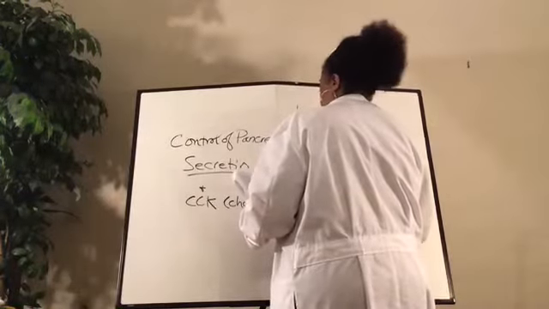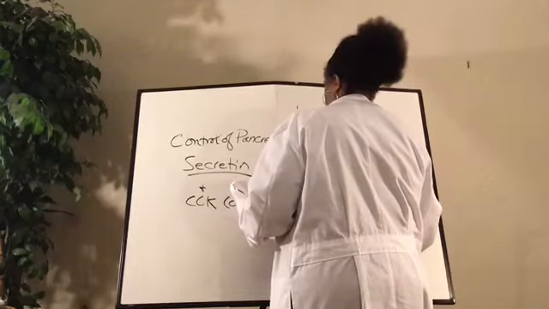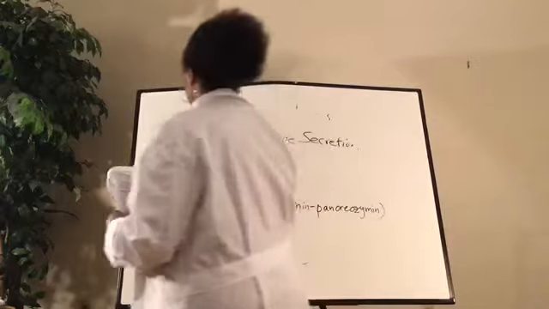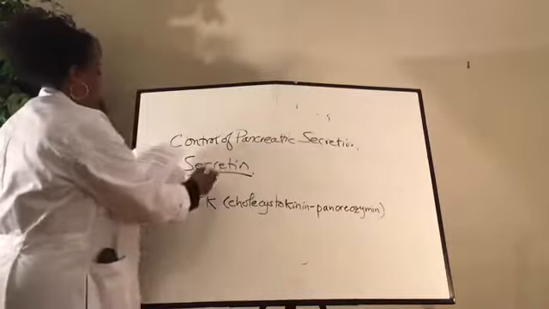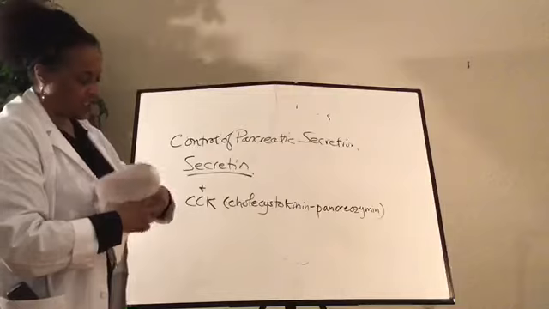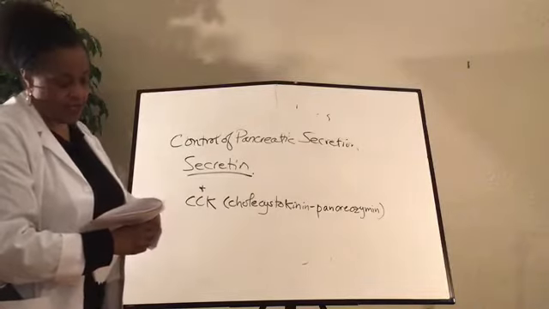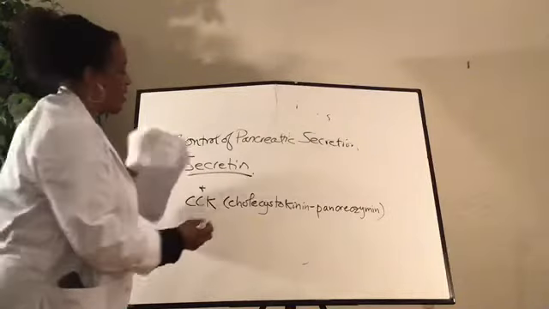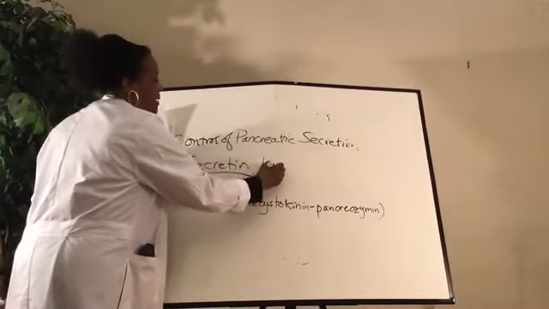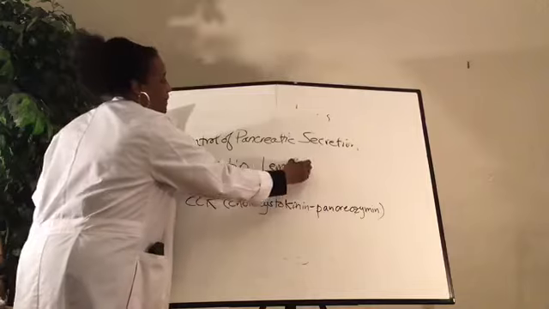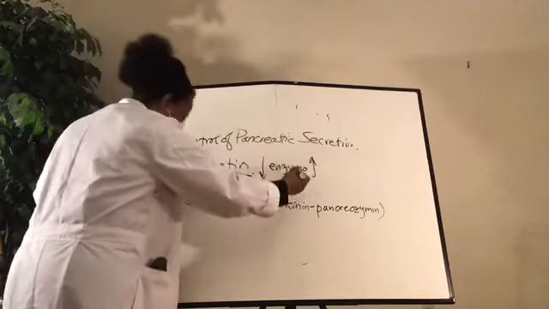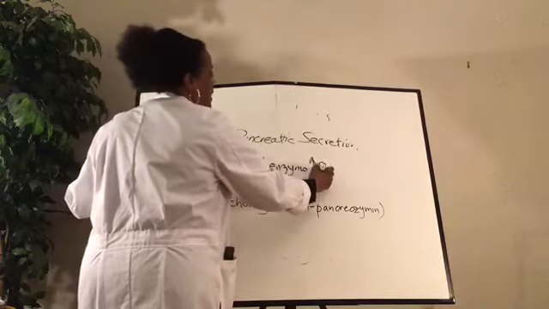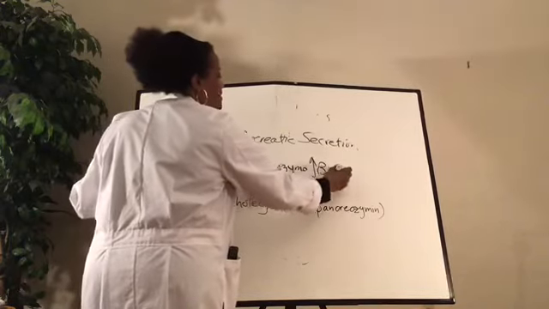I think your text may have put pancreozymin in here. We don't really call it that, but it may help you remember that it is an enzyme. So secretin here evokes the production of pancreatic fluid, low in enzyme content, but high in bicarbonate.